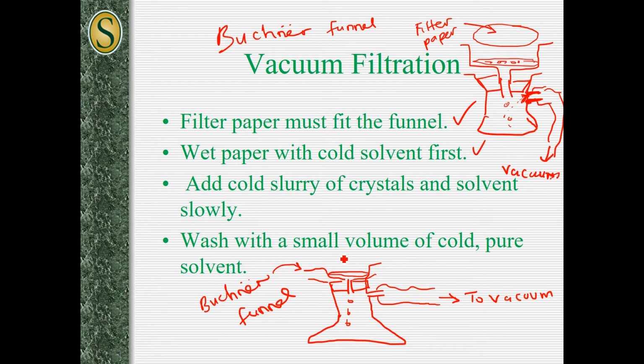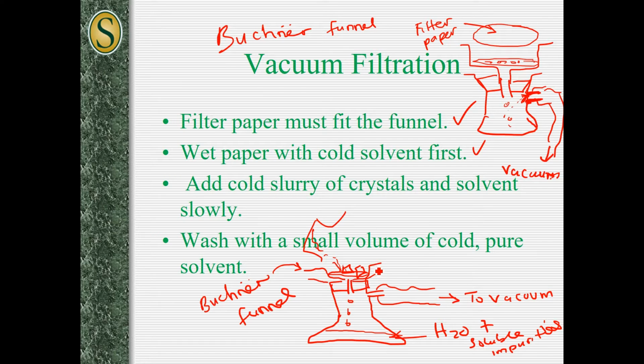So you'll be pouring your liquid containing your crystals onto the filter paper, and it will drain down here. Whatever is draining down here is H2O plus soluble impurities. Your crystals will be collecting up here.